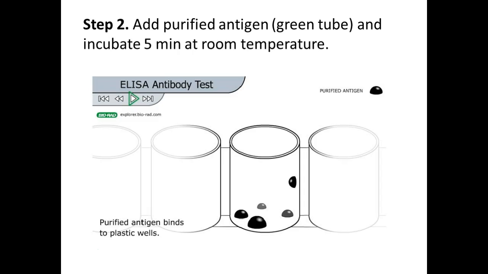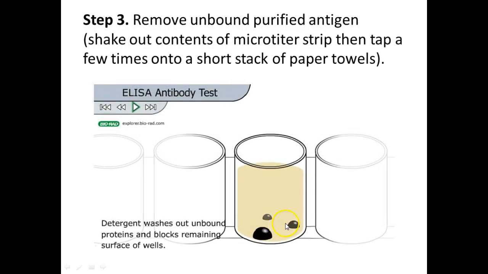Anything that doesn't stick, we want removed. So we're going to do a series of washes, and I'm going to show you how to properly perform those when we get ready to do that. So anything that's unbound, we're going to shake out onto stacks of paper towels. So notice some of them are missing, right? They were the ones that didn't stick. They got washed out.